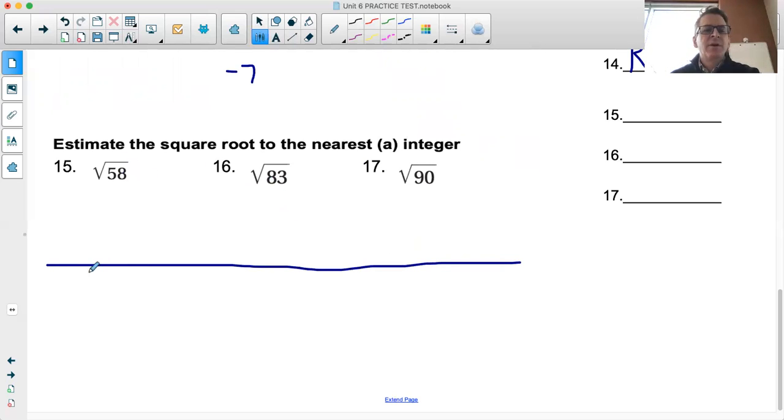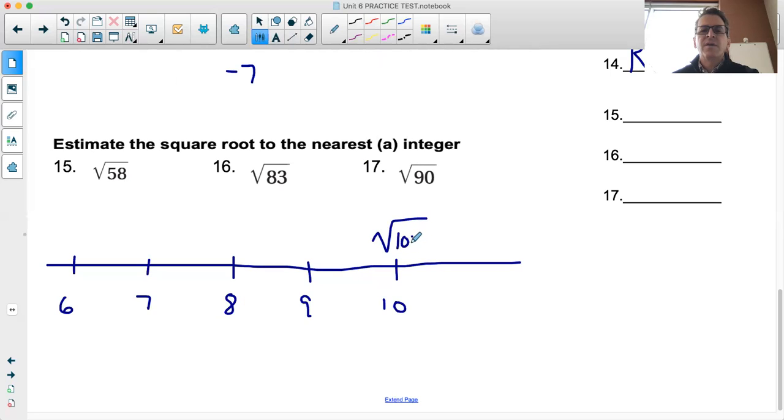These numbers are a little bit bigger, so I'm going to start at 6, for instance. 6, 7, 8, 9, and 10. So if you're looking at perfect squares, 10 would be 100.